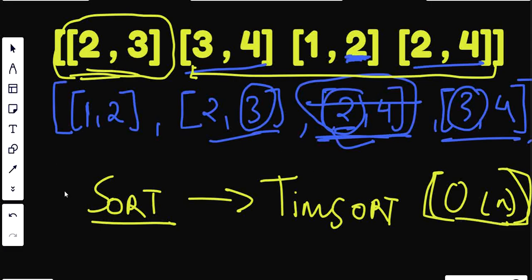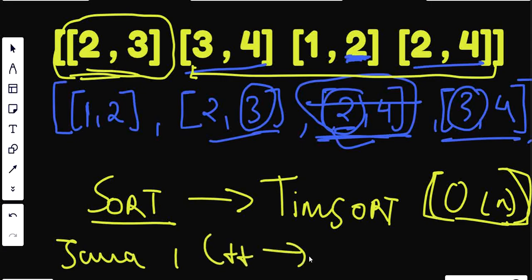But if you are going to check in Java or C++, the complexity will be around log n, because in these two languages the sort function uses quicksort. That's why the complexity will be log n. But we are going to code the solution in Python. That's why we are taking big O of n as the space complexity.